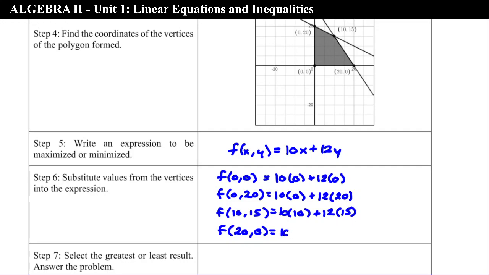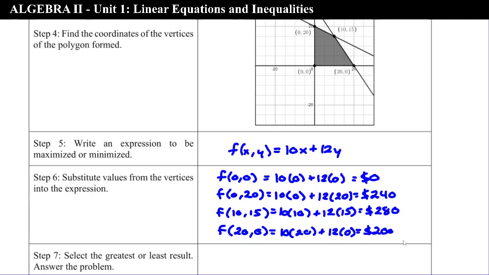And then 10 times 20 plus 12 times 0. And when we evaluate all four of these, we end up with $0 for the first one. We have $240 for the second one. We get $280 for the third one. And for the last one, we end up with $200.